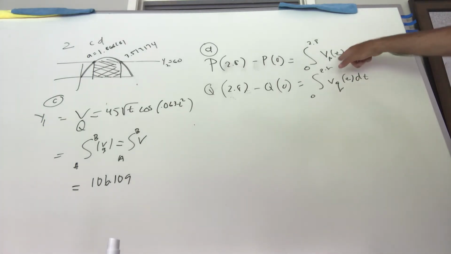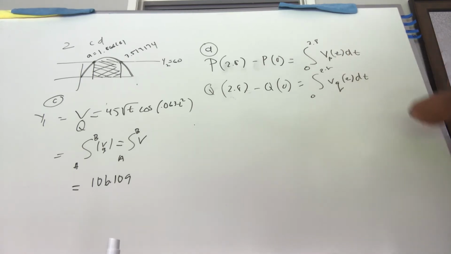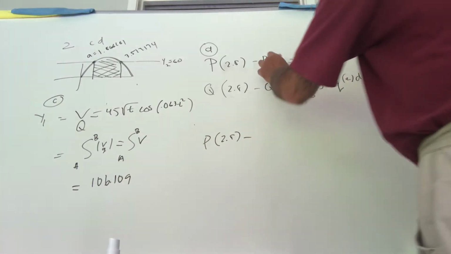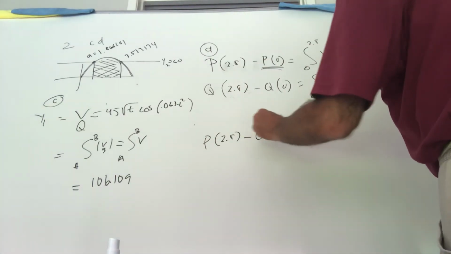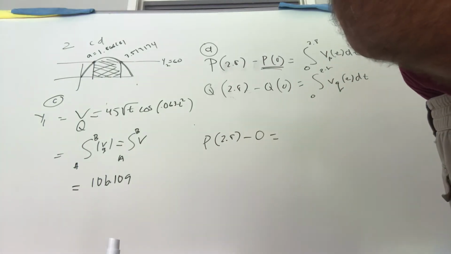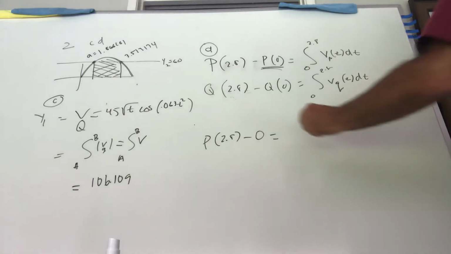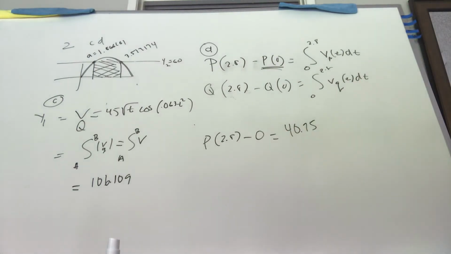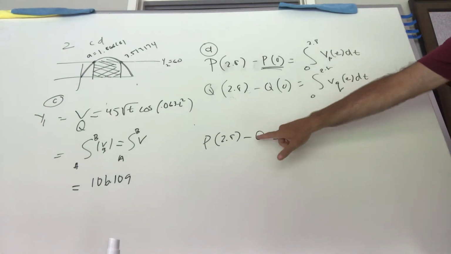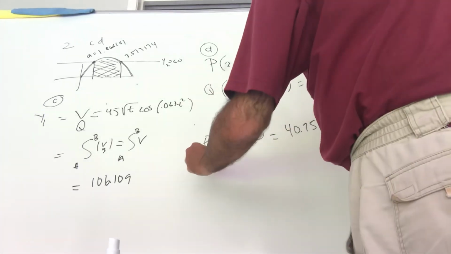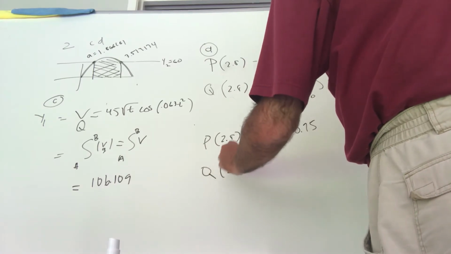So this we did in B. We calculated that, so P of 2.8, and they tell us it starts at the origin, so this is minus 0. And then we actually calculated that. That turns out in the B question to be 40.75. So the position of particle P is at 40.75. We figured that out. Now we're trying to figure out where Q is.